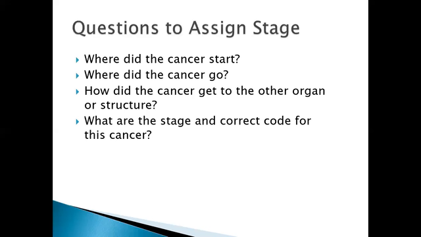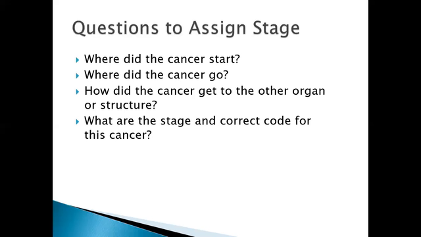Only a few, I can think of one off the top of my head, would not be considered distant, so just pay close attention to that. And remember how the different ways of spread of cancer help us determine the type of SEER summary it is.